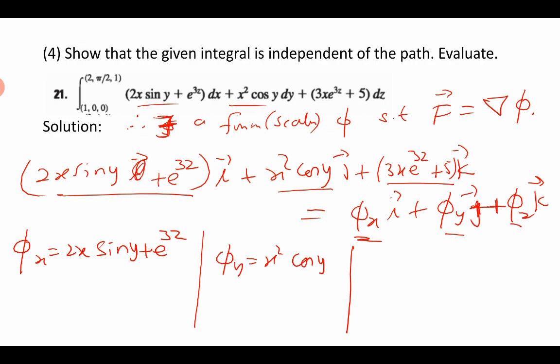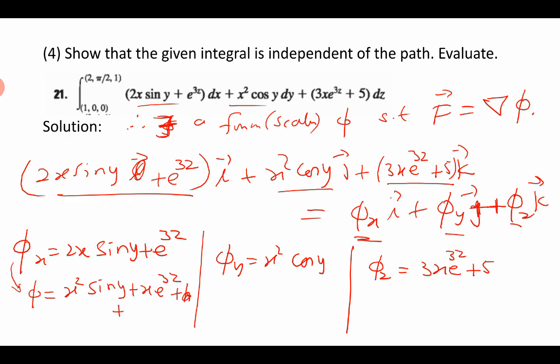What is phi z? 3x e power 3z plus 5. We got 3. From phi x we continue. We integrate. Therefore, when we integrate with respect to x, what you get is x square sin y plus x into e power 3z, plus another function h.